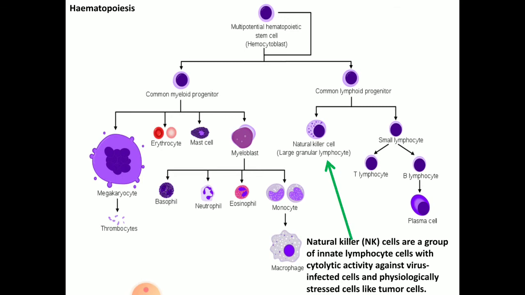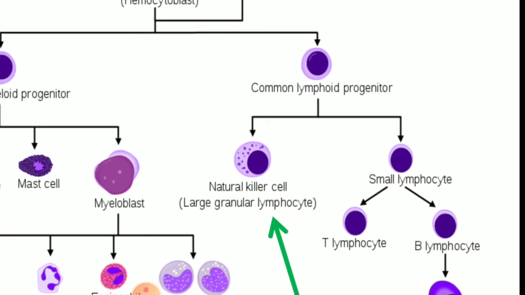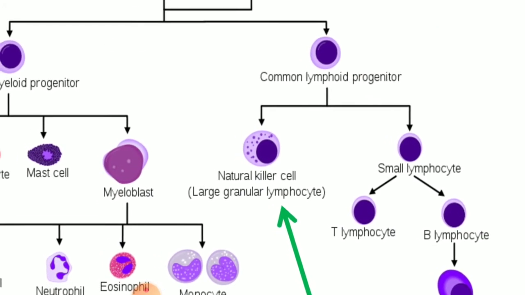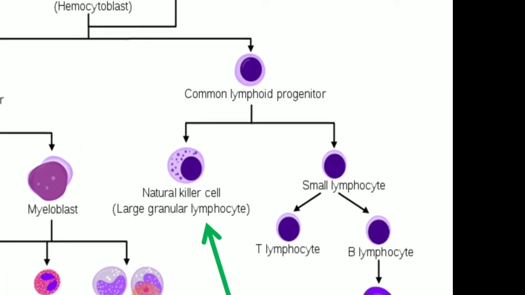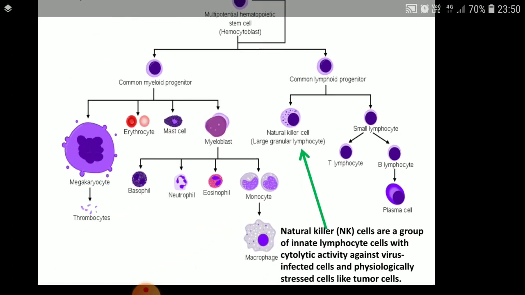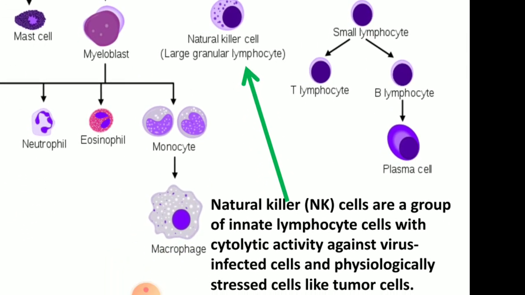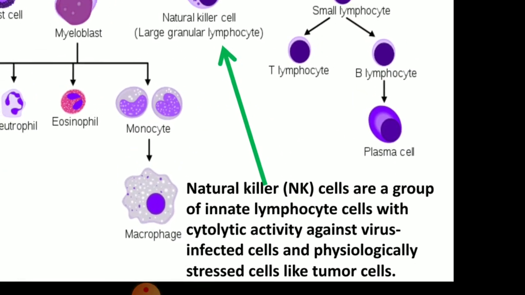So now I am coming to the second lineage of the progenitor cells, that is the common lymphoid progenitor. So this is the lineage that is from the common lymphoid progenitor. Now let us look into the first kind of cells produced from the lymphoid lineage, the natural killer cells.